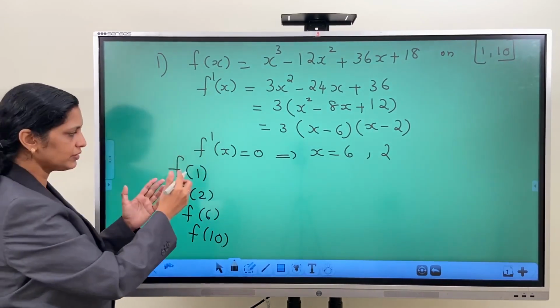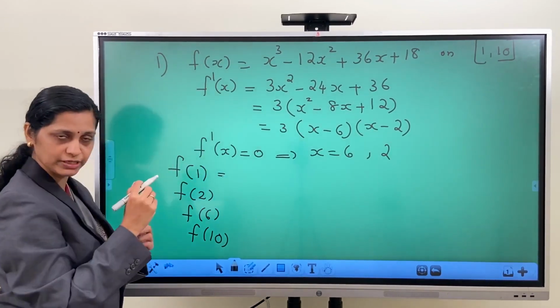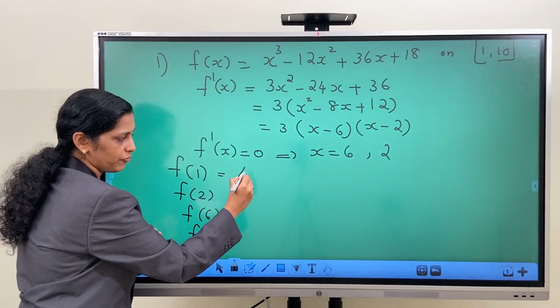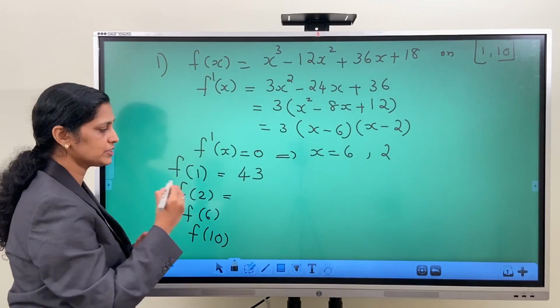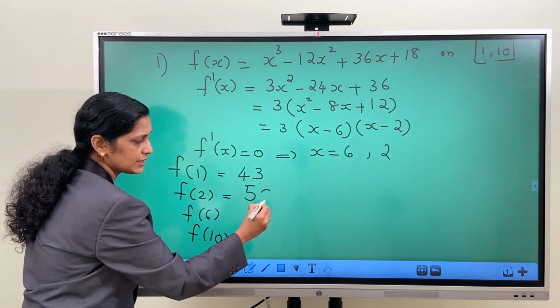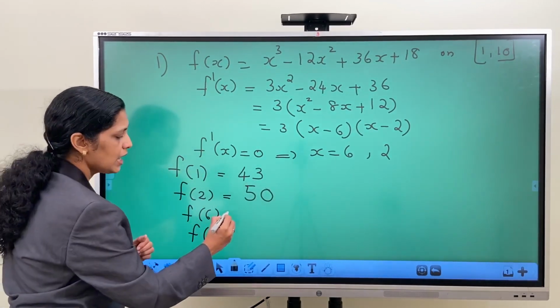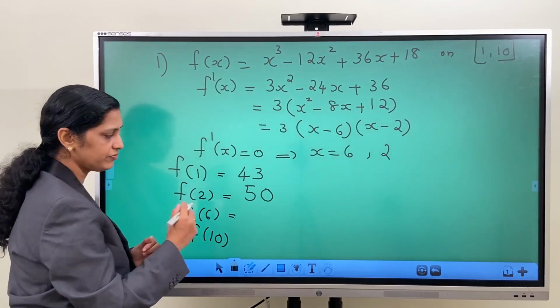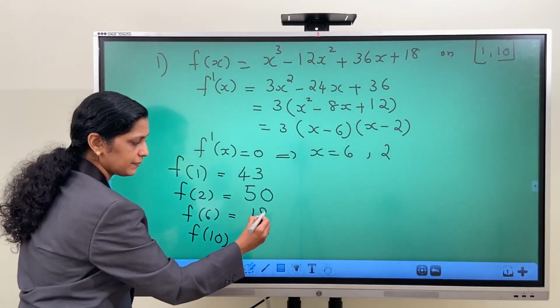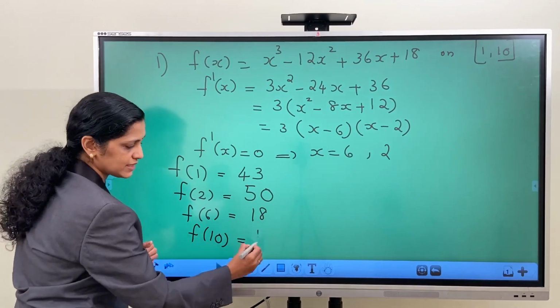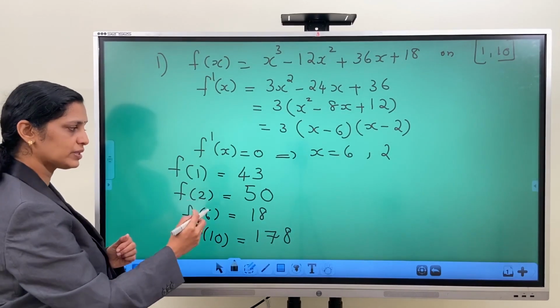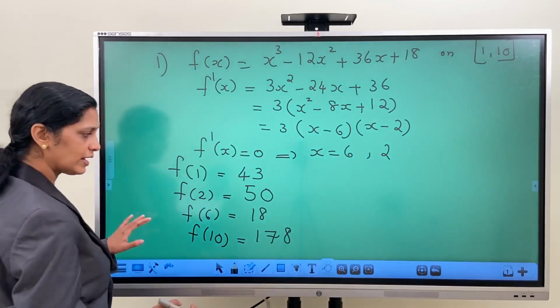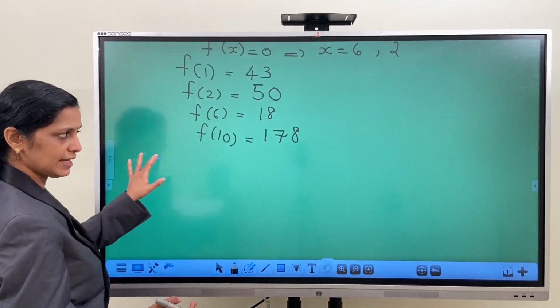By giving the value 1 in the given function, you can see that f of 1 is 43, and by giving 2 in the given function, you can verify that the value is 50, and by giving 6 in the given function it is 18, and by giving 10 you can see that the value is 178. Therefore, the absolute maximum value is 178.